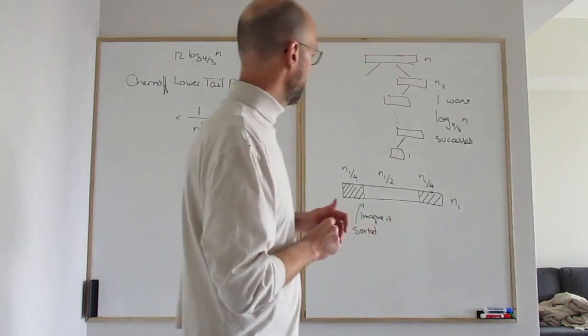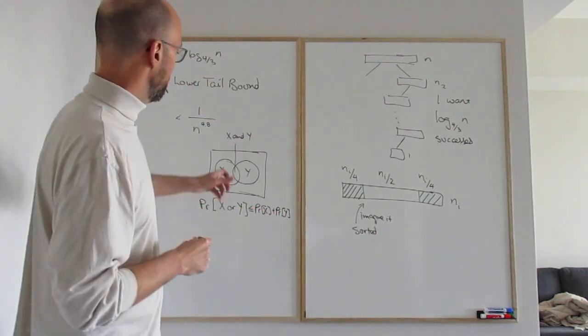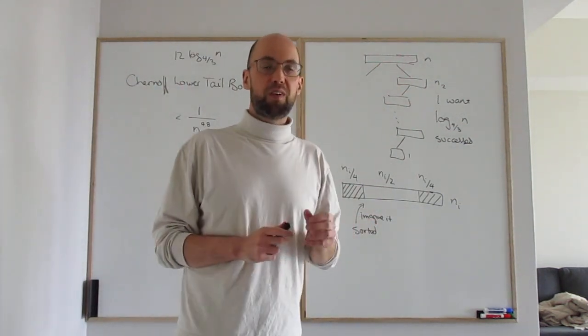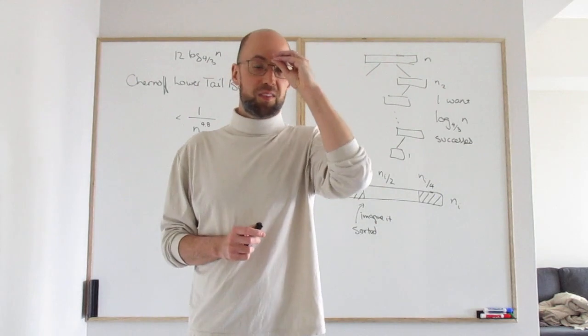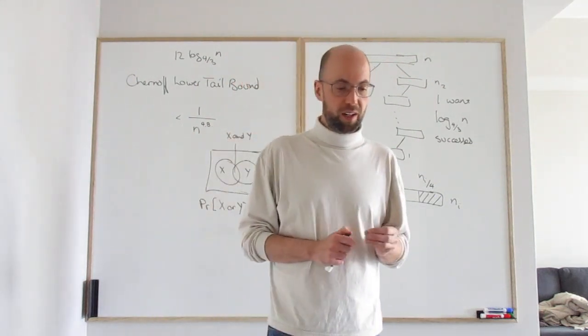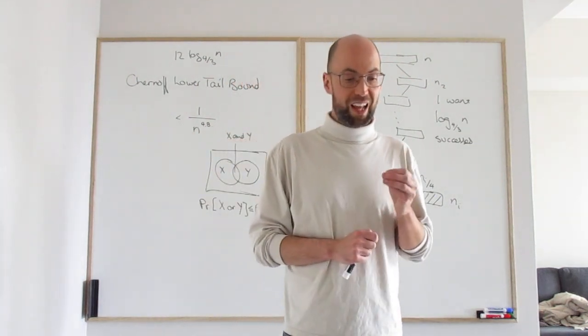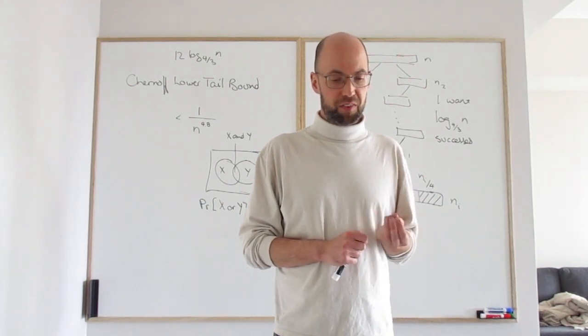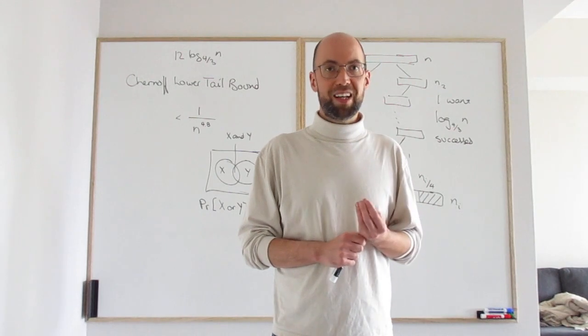Okay, so that means that when I'm saying the probability of each leaf being deeper than 12 log base 4/3 n is less than 1 over n to the 4.8.